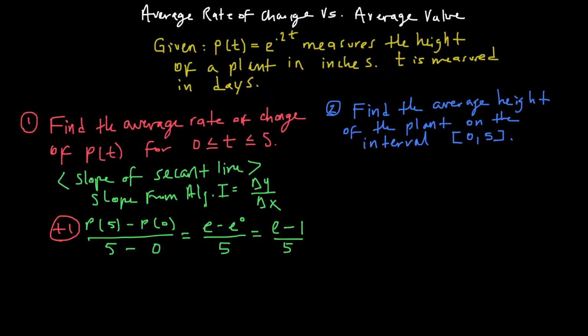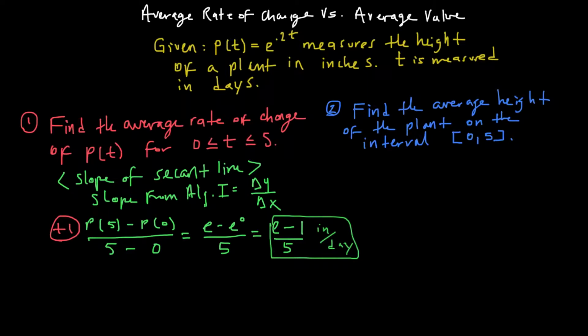So this is inches in the numerator. And then the denominator, 5 minus 0, those are times, and time is measured in days. And it's a division of them, so it's inches per day. This is the average rate of change of the plant in inches per day. And that would be the answer.